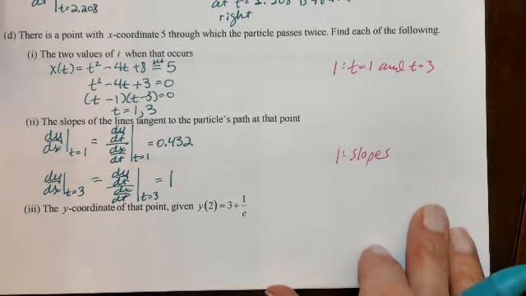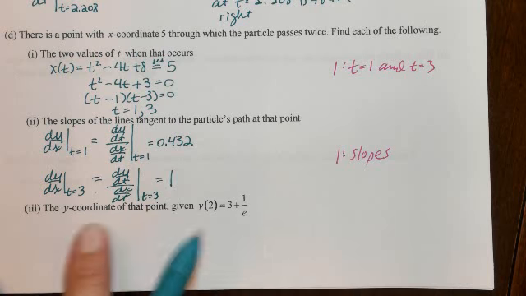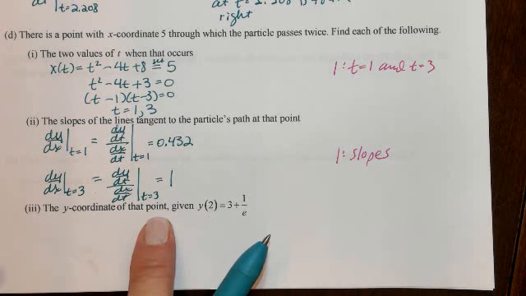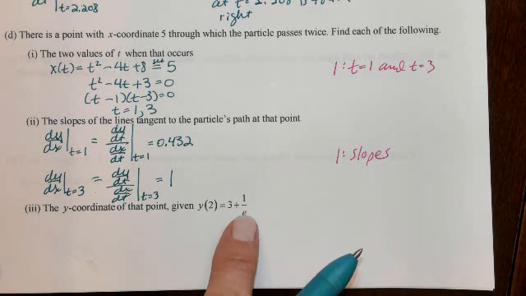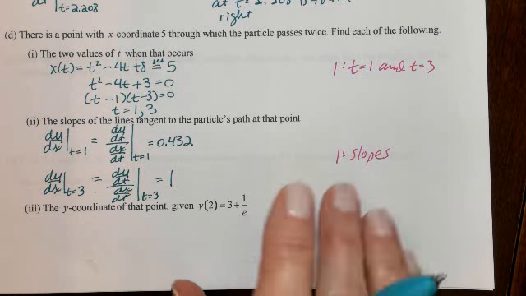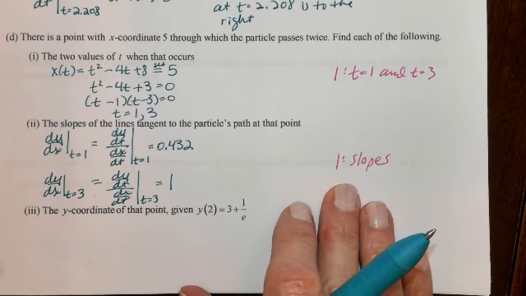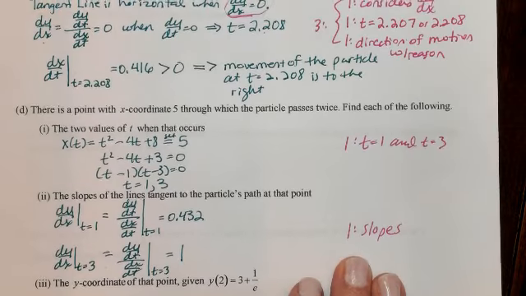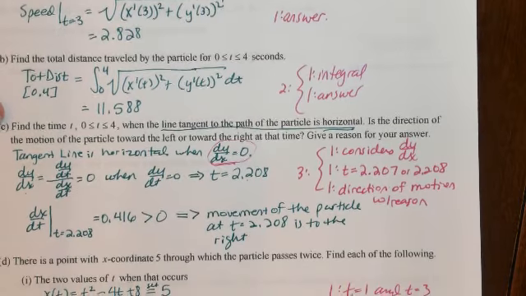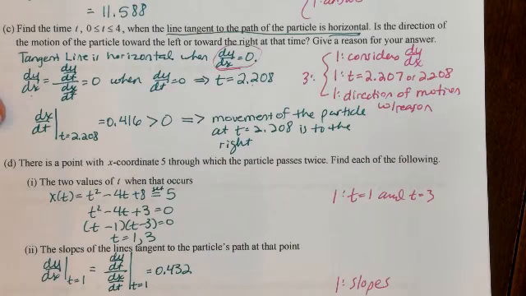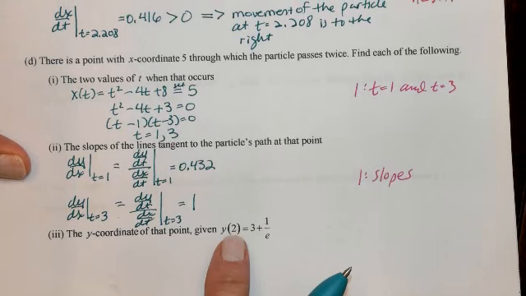Part 3 of part D, find the y-coordinate of that point, given that y of 2 is 3 plus 1 over e. Okay, so let's see. Were we given an initial point here? Oh, I'm sorry, the y-coordinate. Oh, yes, we're given an initial point right here.